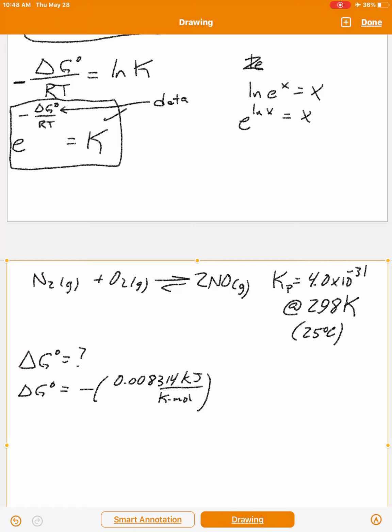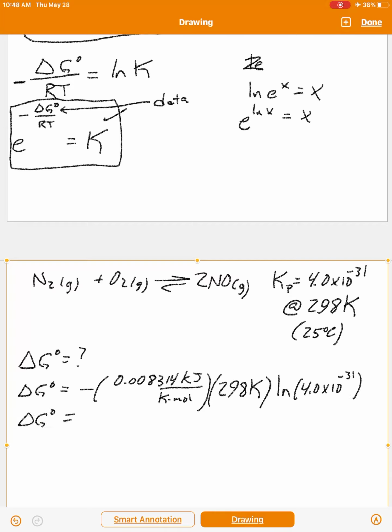Okay, so not joules per K mole, but kilojoules. So you just move the decimal point over 3 places: 8.314 becomes 0.008314. The temperature is given, 298 Kelvin. And now that would be times the natural log of 4.0 times 10 to the minus 31. Okay? And that would give us delta G.